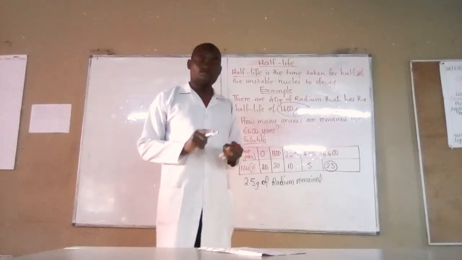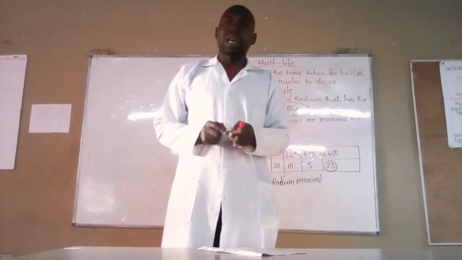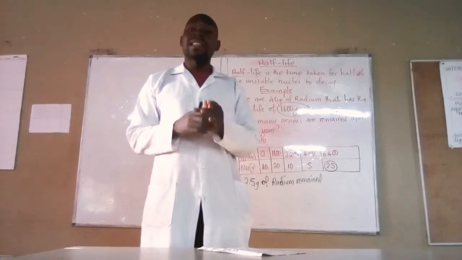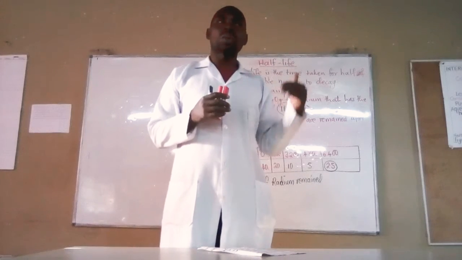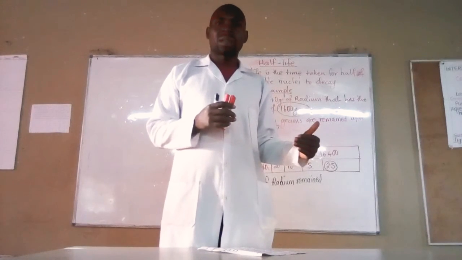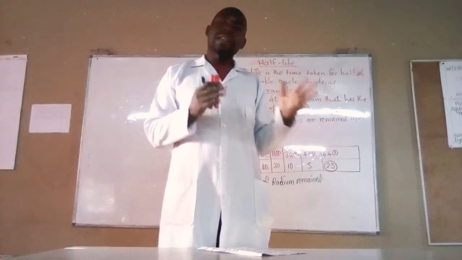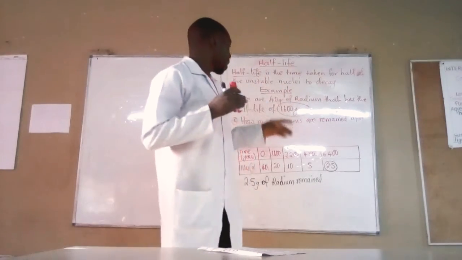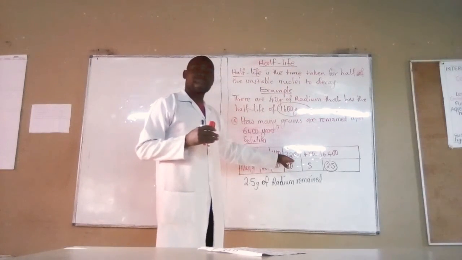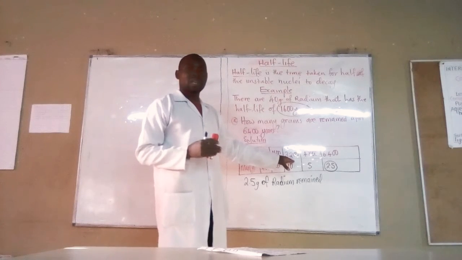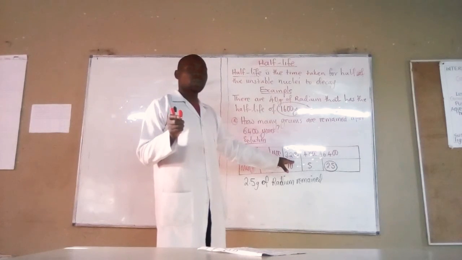Now, one thing that you should also consider is as follows. As the time increases, the mass of radium is decreasing. That is one thing you are supposed to know.